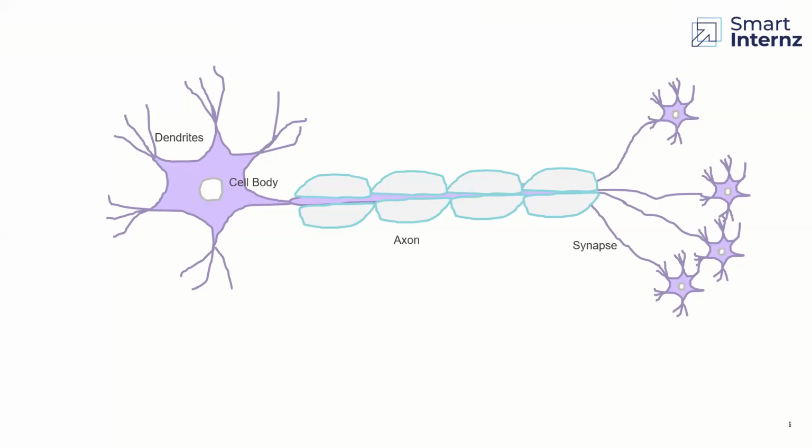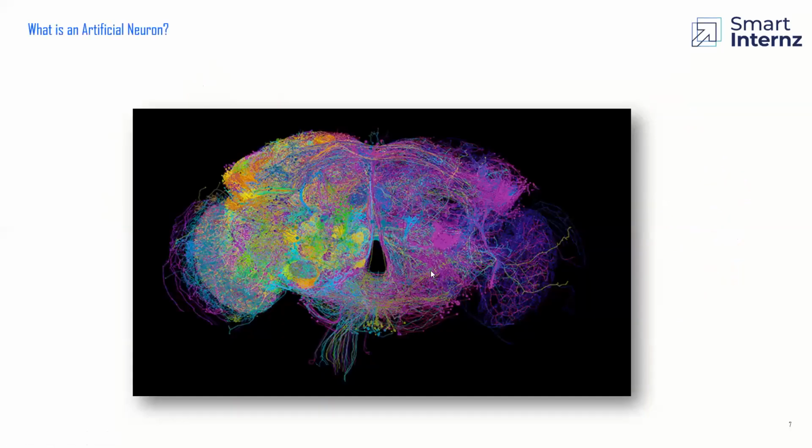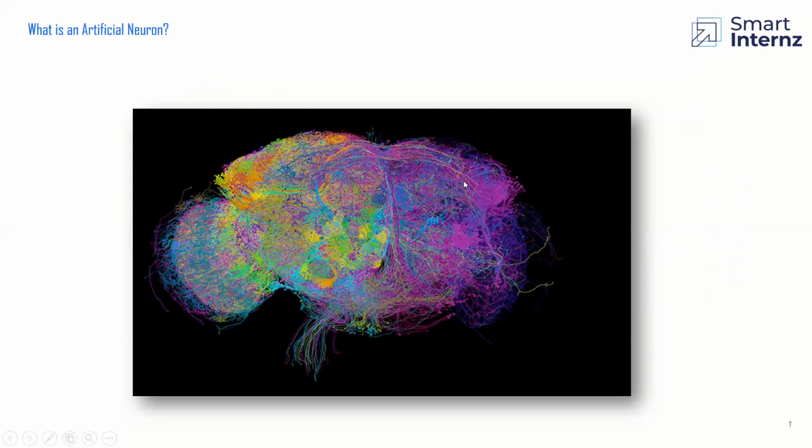Based on this model, the artificial neural network was created. I will show you the comparison between both of them. Here you can see this is our brain, which has a number of neurons connected throughout the network.